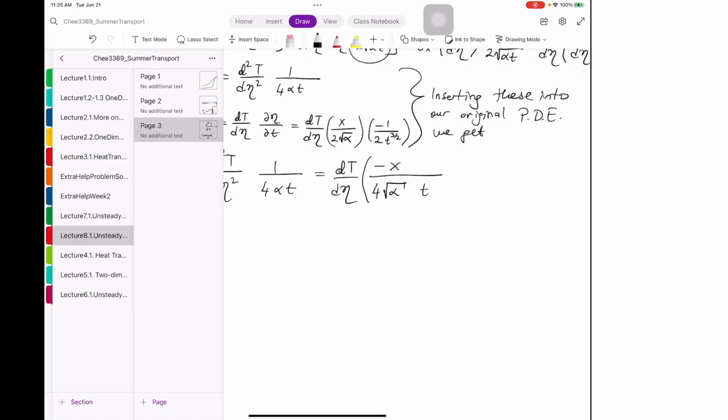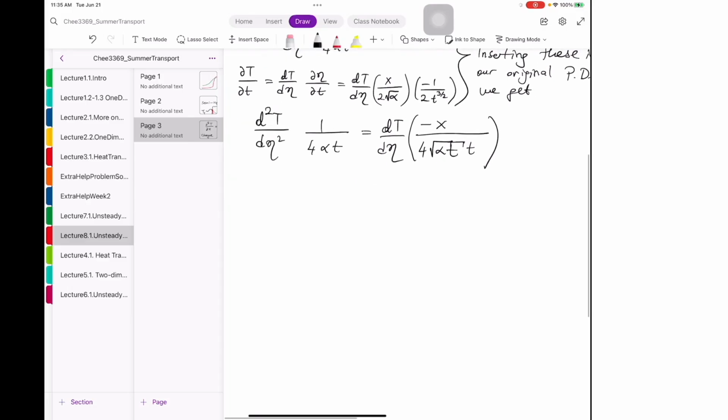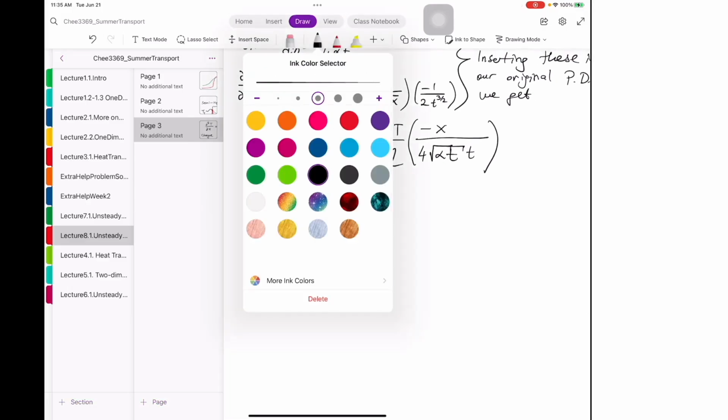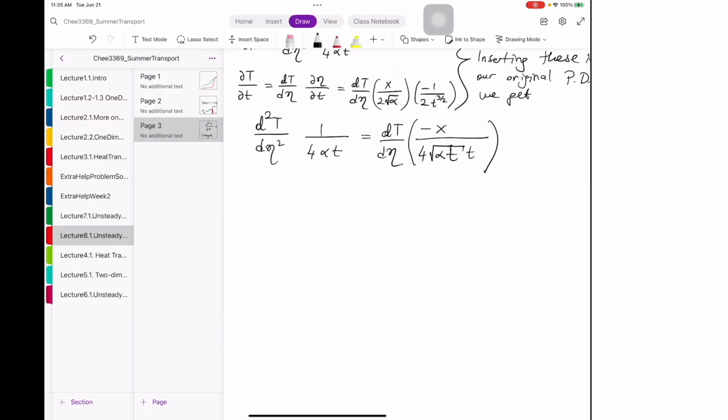So there is 1 t here, square root of alpha t. Okay, good. Yep. And then we get rid of the 4's, t's, right?